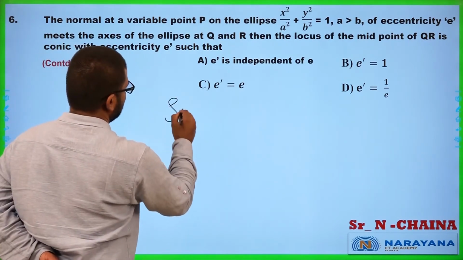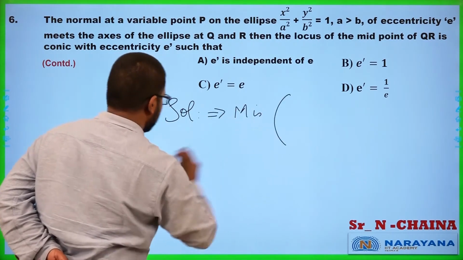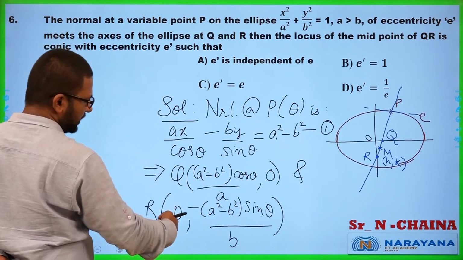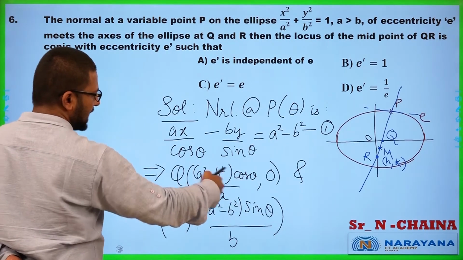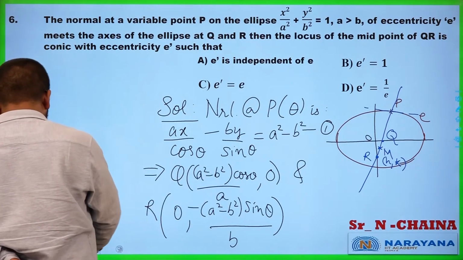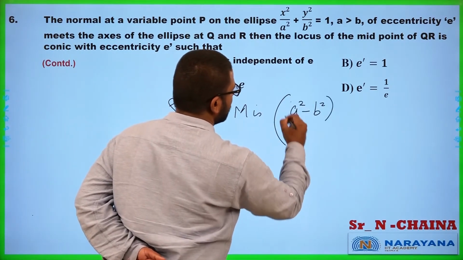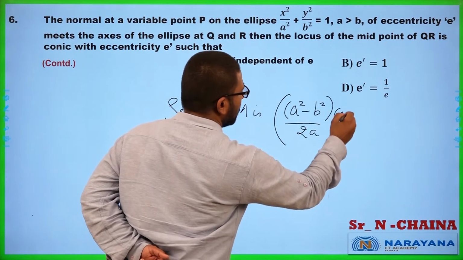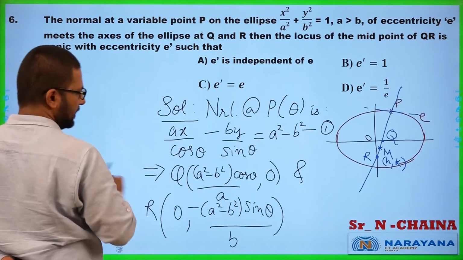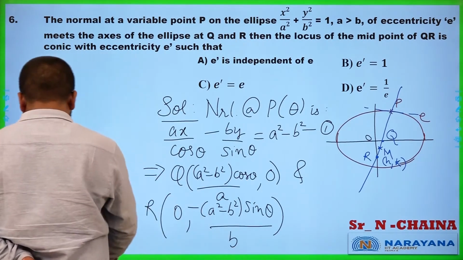So M is, apply midpoint formula. What do we get? You see, x coordinate is 0 here and y coordinate is 0 here. So just half of this and half of that. So a square minus b square upon 2a cos theta, and half of this, so minus a square minus b square upon 2b sin theta.